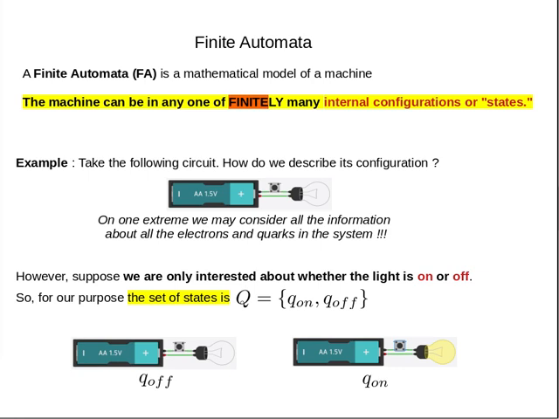And even inside finite automata, we have deterministic finite automata, non-deterministic finite automata, and some other variants. So the simplest one to start with will be deterministic finite automata. So let's start with all the rigorous definitions and all the proper mathematics.